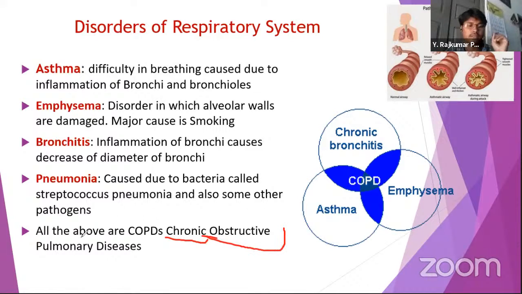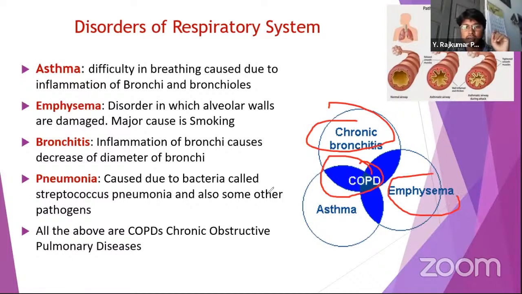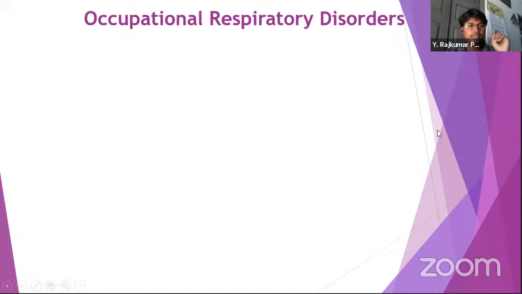It is stopping the passage of air. Pulmonary diseases. Chronic obstructive pulmonary diseases. Hope you have understood. So here you can see COPD, the representation of COPD, because of chronic bronchitis, emphysema, and asthma. They are the diseases of the respiratory system.